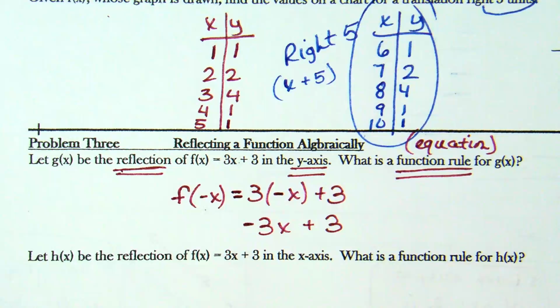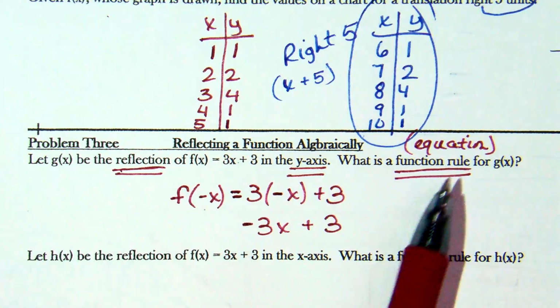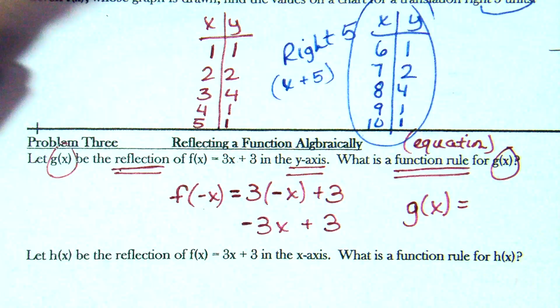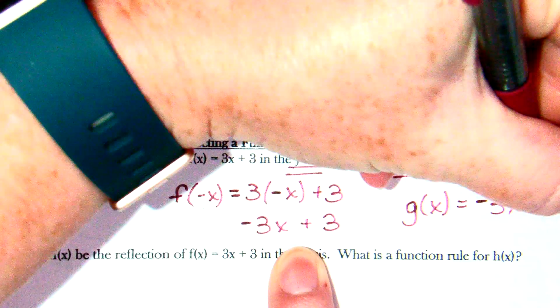Now, it said, what is the function rule for g of x? It told me a couple different times to name this g of x. So I'm going to say g of x equals, what do we come up with? Negative 3x plus 3.